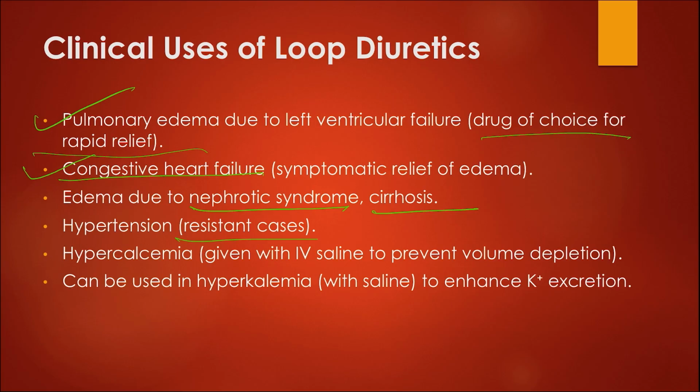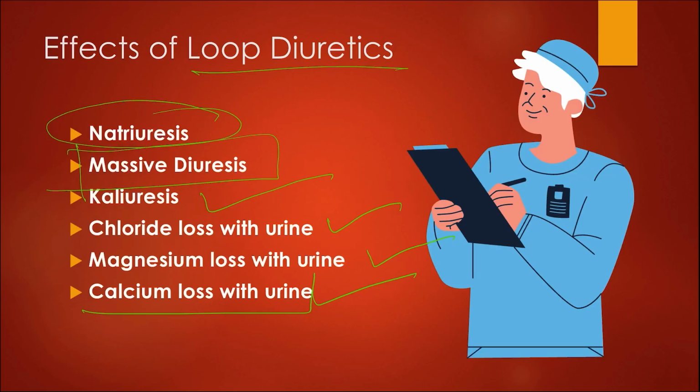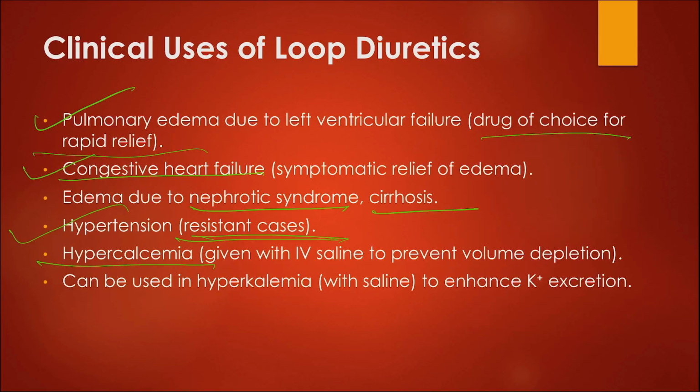In resistant cases of hypertension, we also give loop diuretics. Then if a patient has hypercalcemia, we also prescribe loop diuretics. Why? Because they excrete calcium with urine.